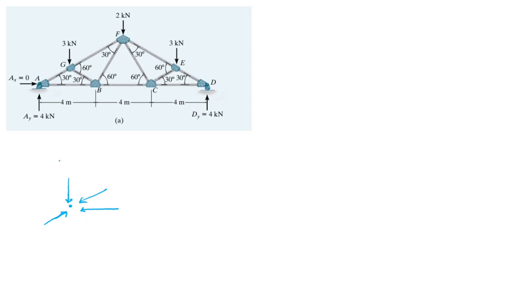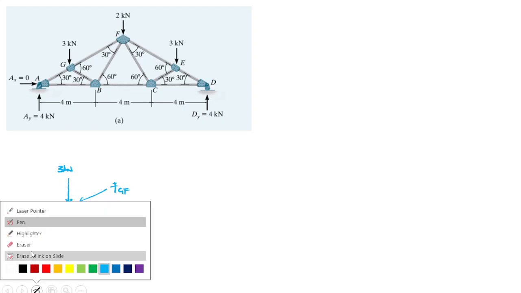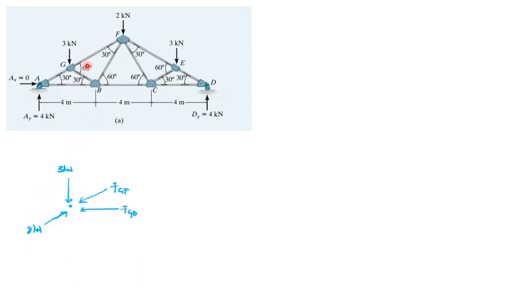So this is our 3 kilonewton. This is 8 kilonewton. This is FGF, and this is FGB. The angle between these members, like we are seeing here, let me use a laser pointer, in this place, is 60 degrees, right?